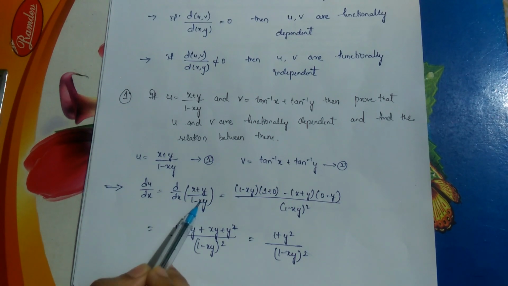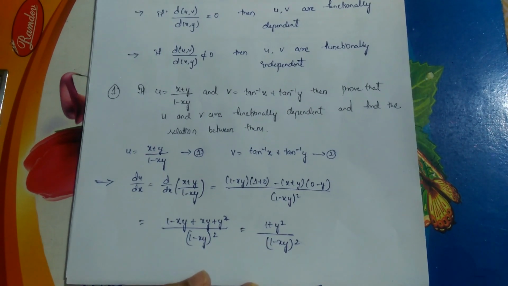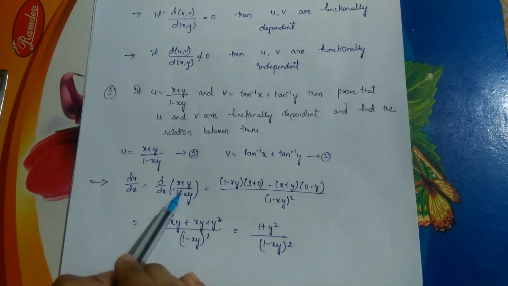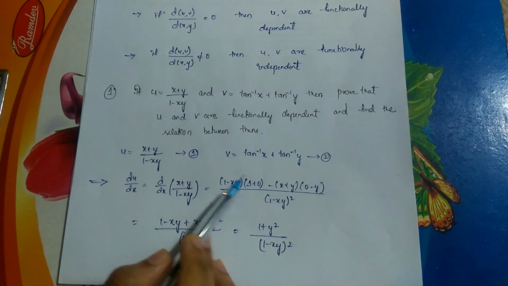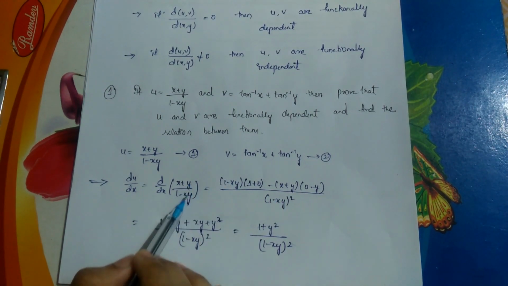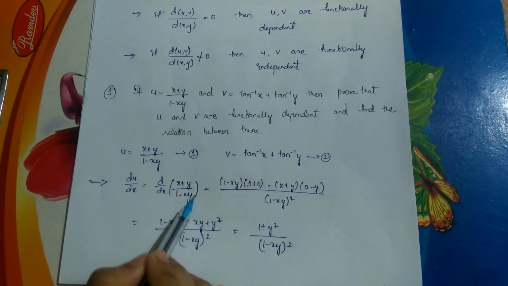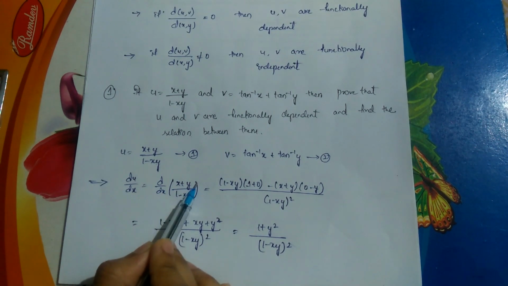So here it is in the form u by v, we have to apply the quotient method. Then it comes as first the denominator square, that is (1 minus xy) whole square, and in the numerator, first v is multiplied and u is differentiated with respect to x.